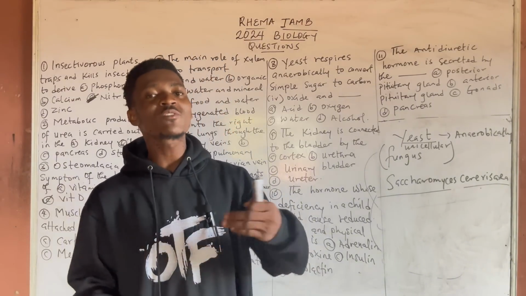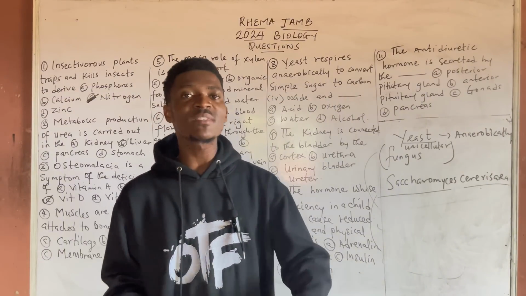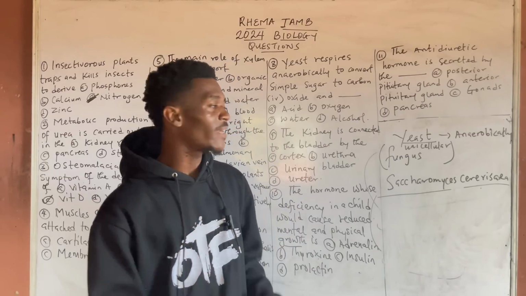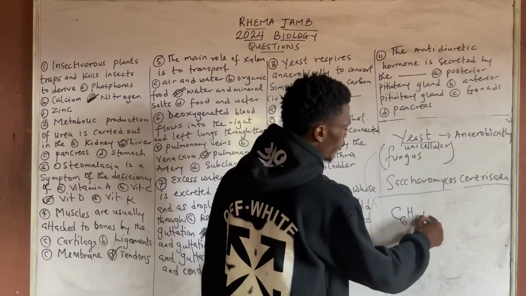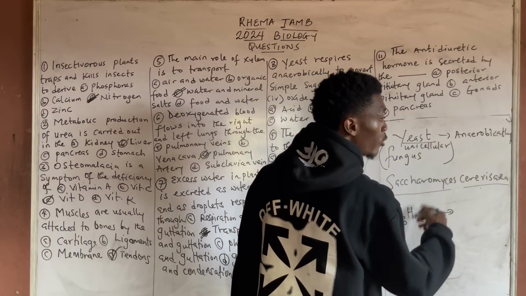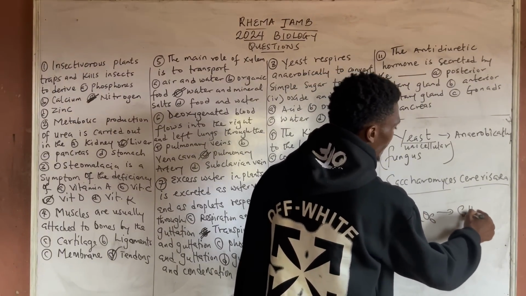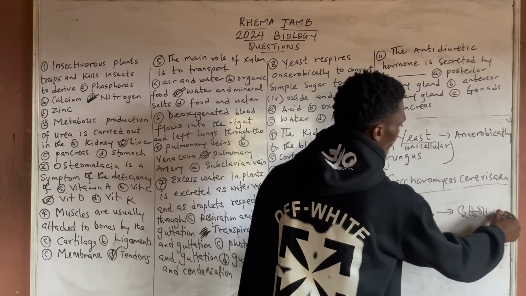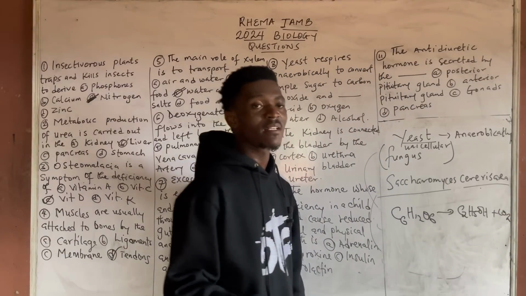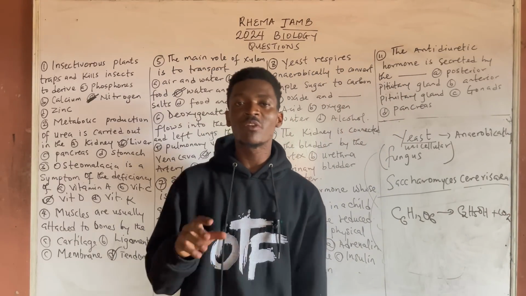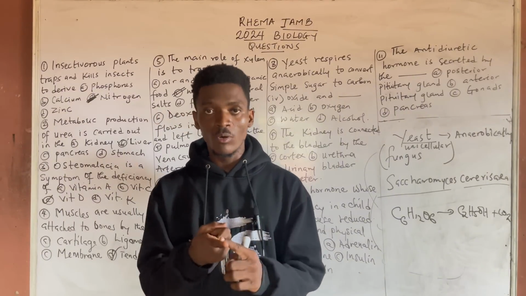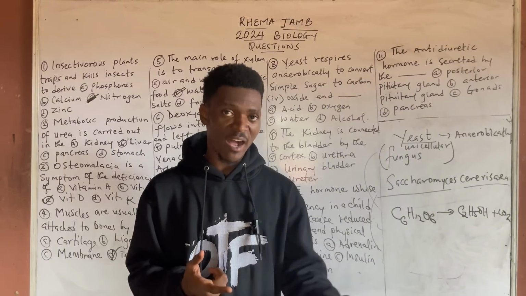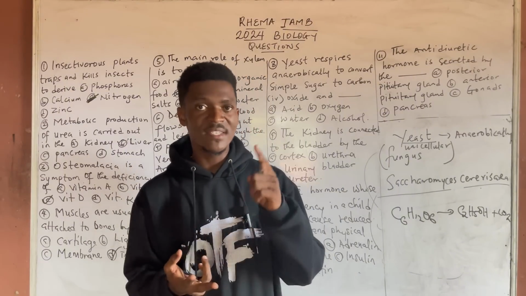Okay, so now when it respires anaerobically in the absence of oxygen, there are two products that you get. Firstly, if we are working with glucose, which is C6H12O6, it tends to get converted to C2H5OH, which is ethanol, with the release of CO2. So basically, the anaerobic respiration of yeast produces two products. And what are the two products? Ethanol, which is alcohol, a member of the alcohol, and what? CO2, which is carbon dioxide.